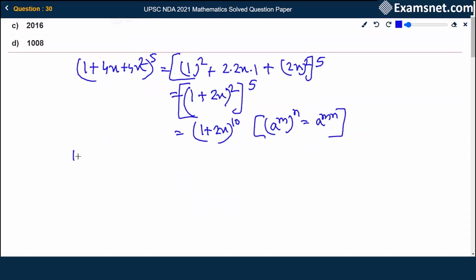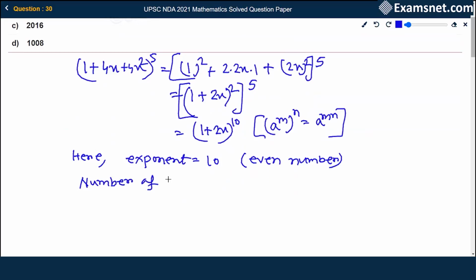So here the exponent of the expression is 10, correct? This is an even number, right? So the number of terms, if we expand this expression, will be n plus 1, meaning 10 plus 1 will be 11. There will be 11 terms in that expression if we expand it.